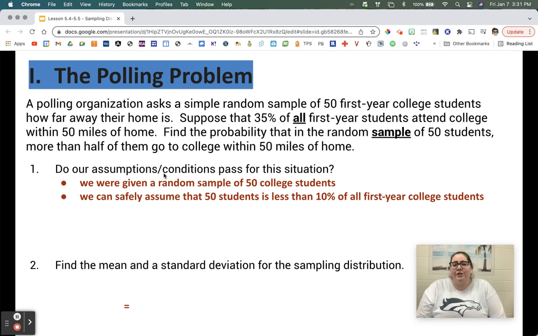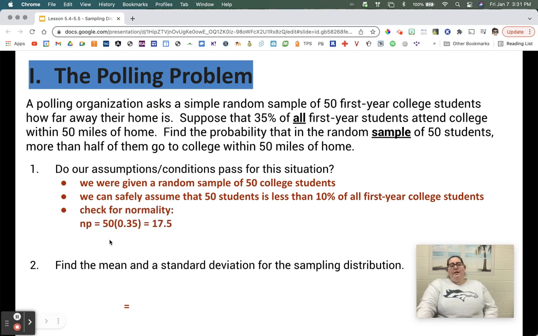Our third condition is the large counts condition, or success/failure. This checks that our sampling distribution is going to look roughly normal, which is good because it allows us to use a normal model to find a probability. So I check, does n times p, where n is the total number of trials, 50, and p is the probability, 0.35 or 35%, so does 50 times 0.35 come out greater than or equal to 10?